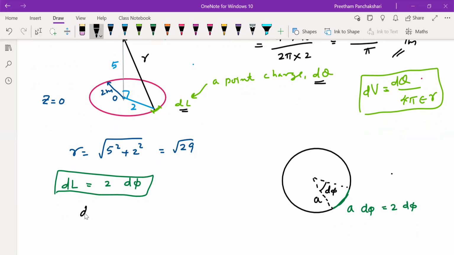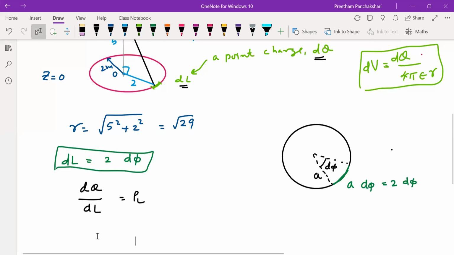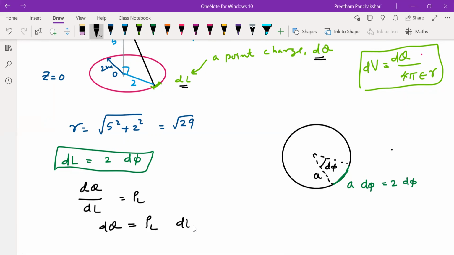So dq by dl is equal to rho l, the line charge density. So we may need dq for the calculation, so we take the product of rho l and dl.